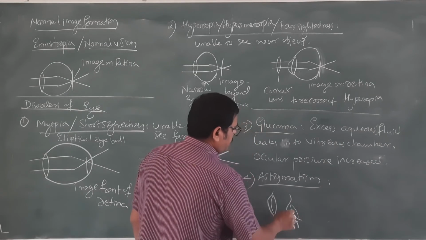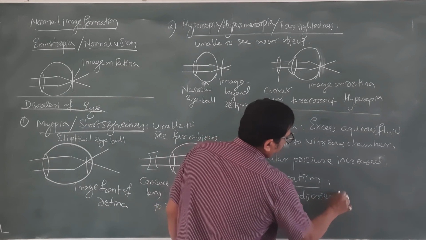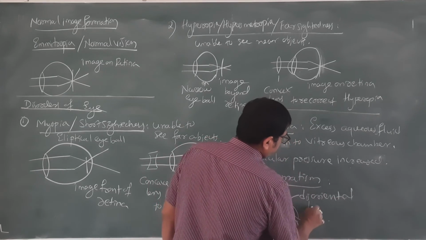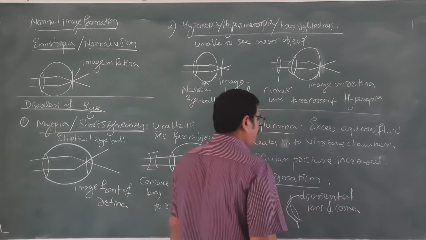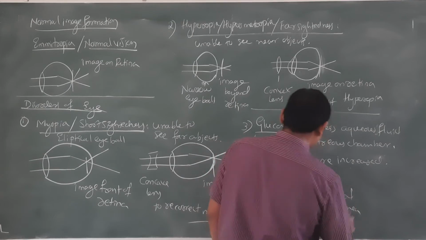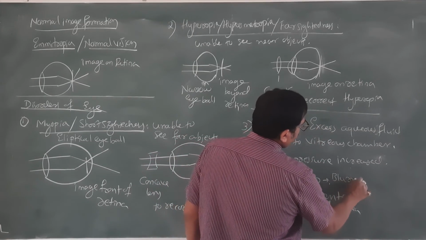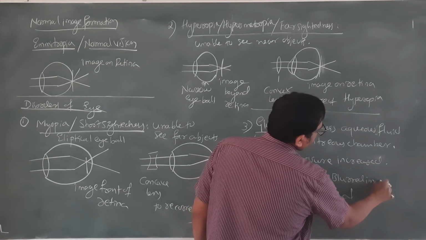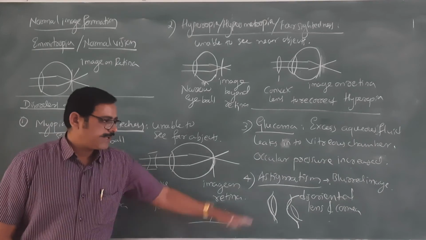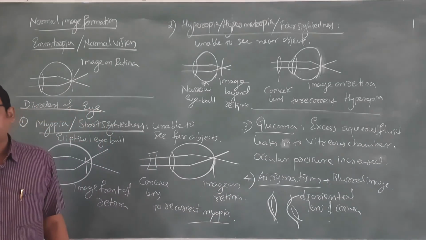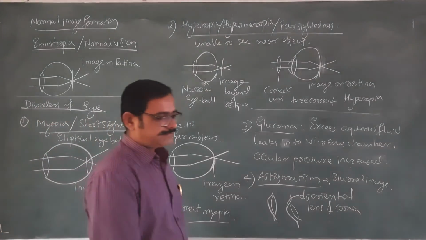This disorientation of the lens and cornea causes a blurred image. Astigmatism leads to a blurred image, due to the disorientation of the cornea and lens.